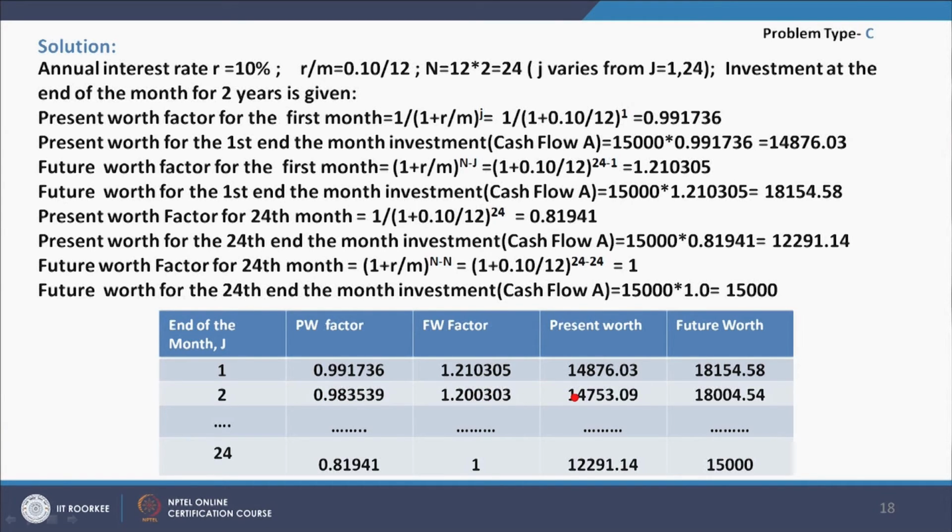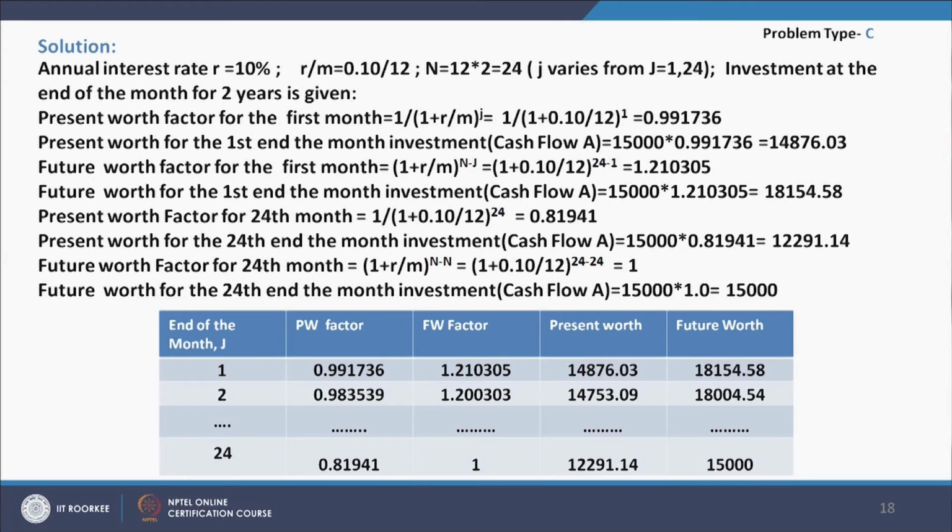Similarly, for the month 2, I can calculate the PW factor and FW factor, and then find the present worth and the future worth. And for month 24th, I can calculate also the present worth factor and future worth factor. Present worth factor is this, future worth factor will be 1 obviously, because at the end of the second year, that is at the end of the 24th month, I am finding out the future worth.